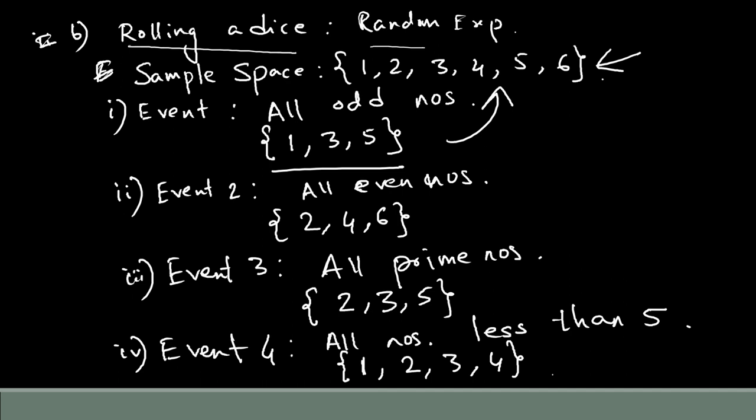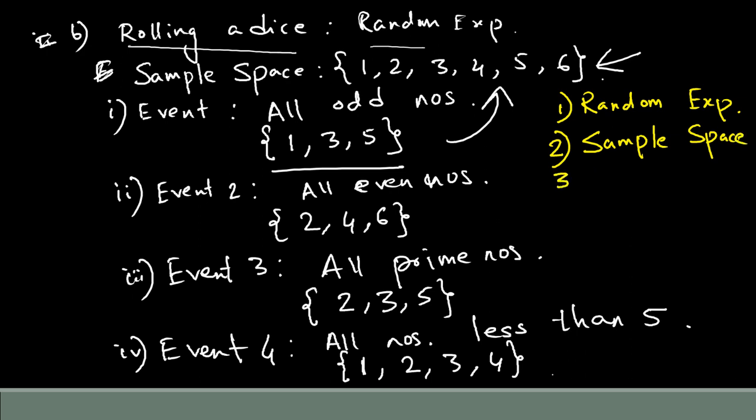So I hope this is clear to you guys. You have understood three important topics which I discussed: number one, random experiment; number two, what is a sample space; and number three, what is an event.